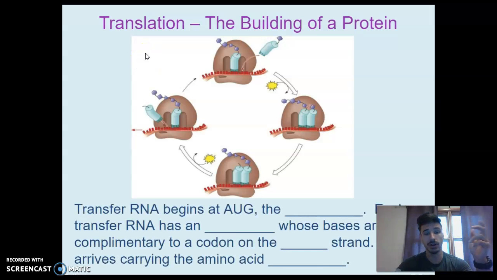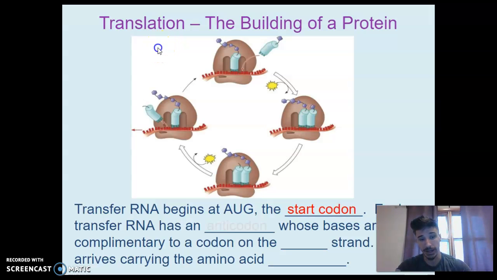So transfer RNA, or tRNA, begins at the AUG, which is the start codon. And it's always AUG. AUG is always the start codon in mRNA, all right, for our understanding. It isn't always. If you go on in later science classes and in your careers one day, you'll find out the differences. But for our understanding, AUG, start codon.